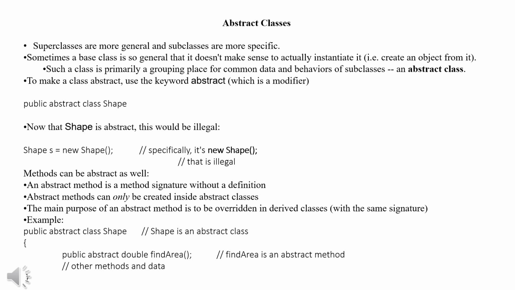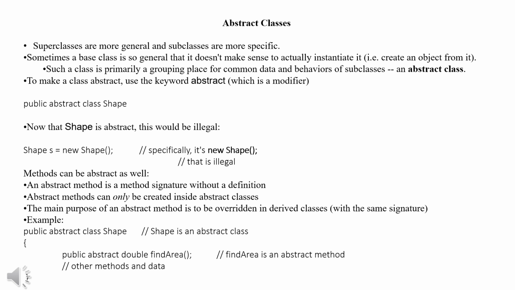For example, if you create an abstract class with the name shape, like what we have here, public abstract class shape, this class is abstract. It means it contains common data and common behaviors for subclasses.